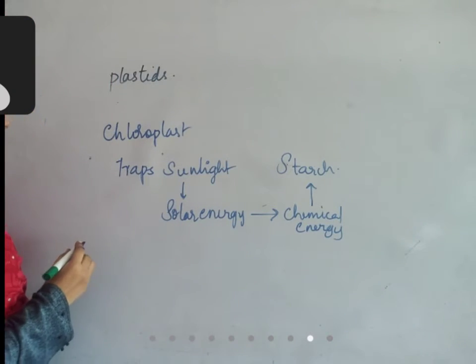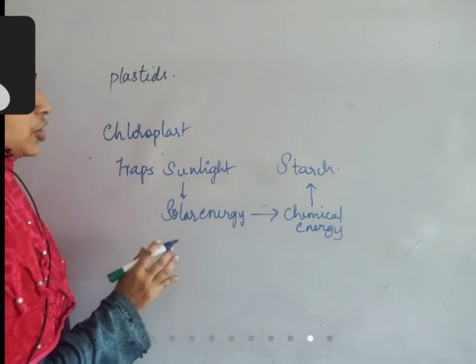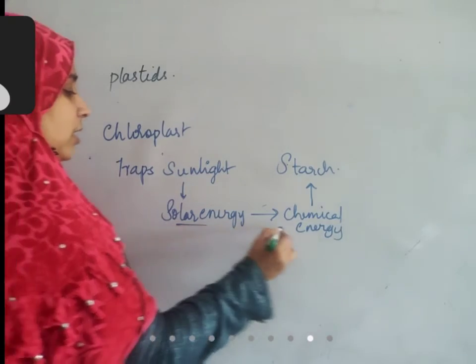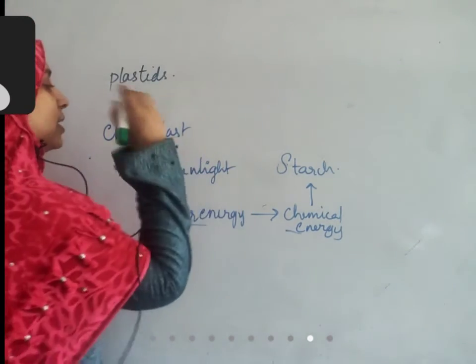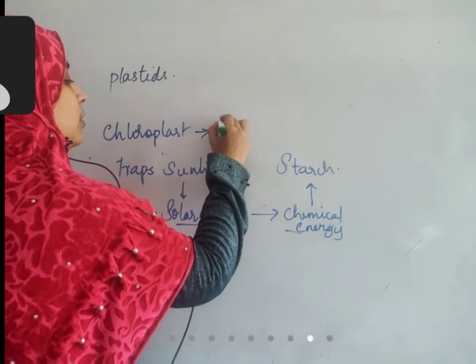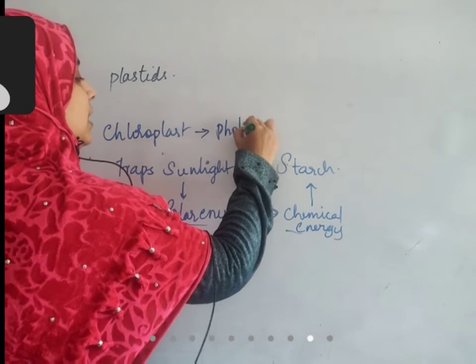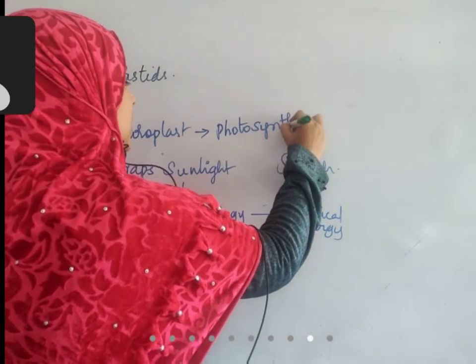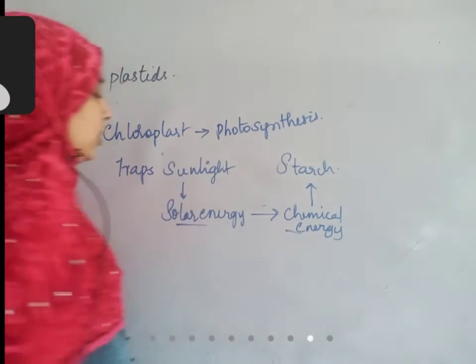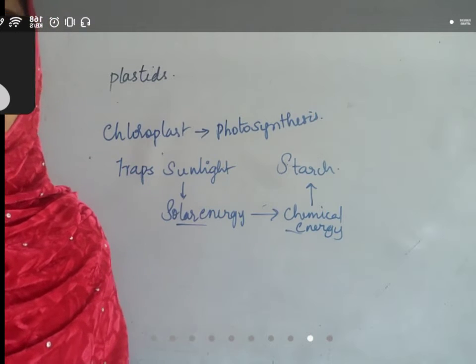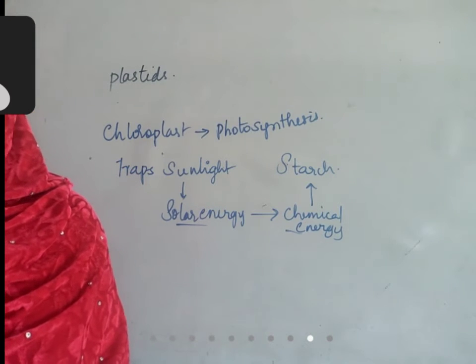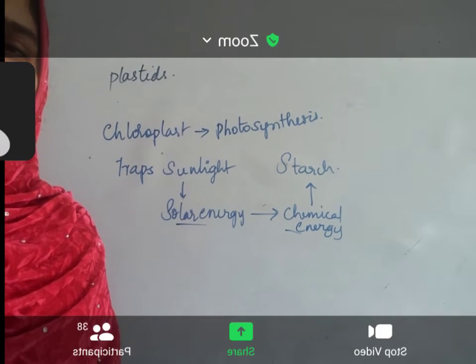See? So this is the function of chloroplast. It converts solar energy into chemical energy. In simple words, it helps in photosynthesis. In plants, the role of chloroplast is to produce food by the process of photosynthesis. Okay, children? So that is about chloroplasts.